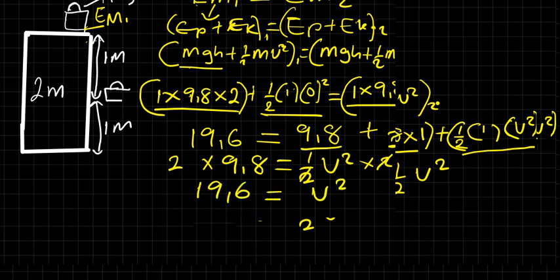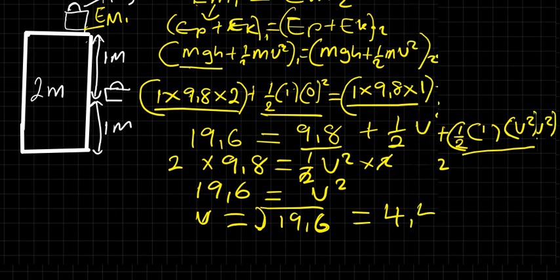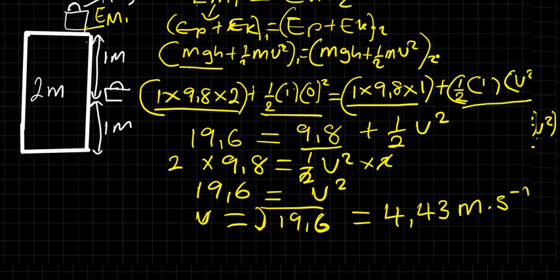And then I'm going to take the square root of my answer, the square root of 19.6, which is equal to 4.43 meters per second. So that is the speed of the object when it was halfway down.